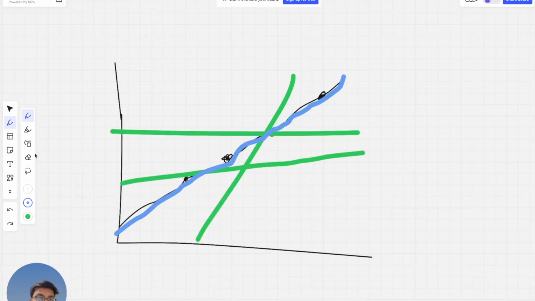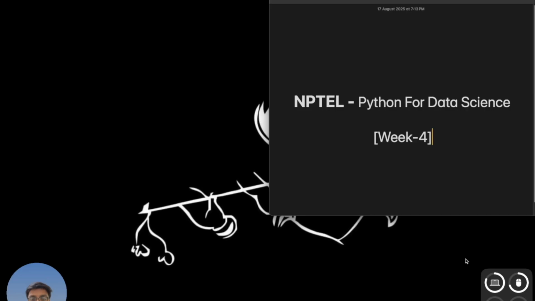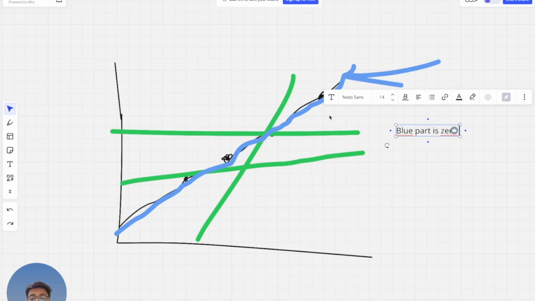The blue part is the zero training error.